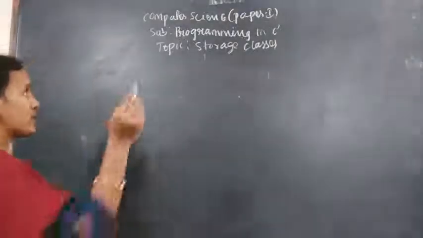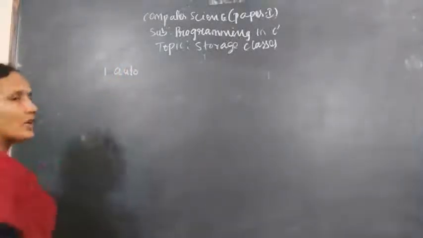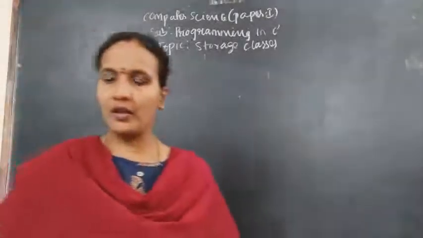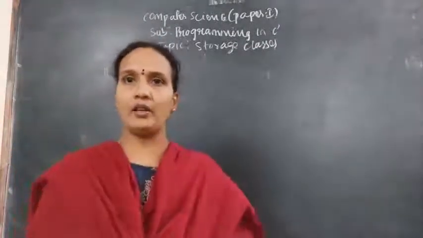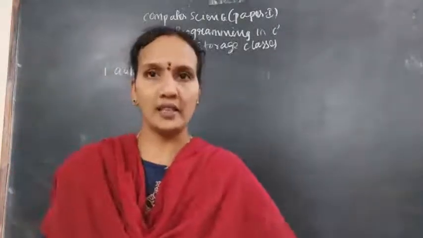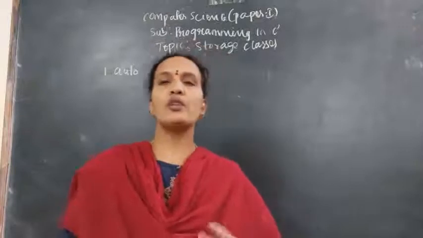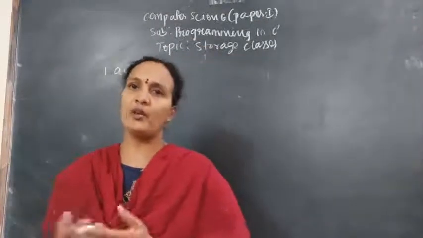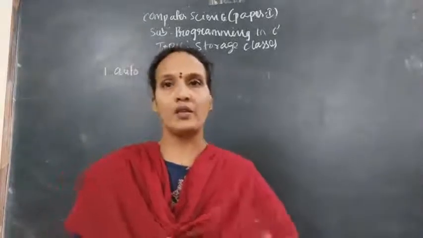Now here we'll discuss the first storage class, that is auto. Auto is nothing but the automatic variable. Whenever you have declared any variable without any storage class, that will be considered an auto variable. The storage is normal memory only; it won't use any particular register for storing this variable.